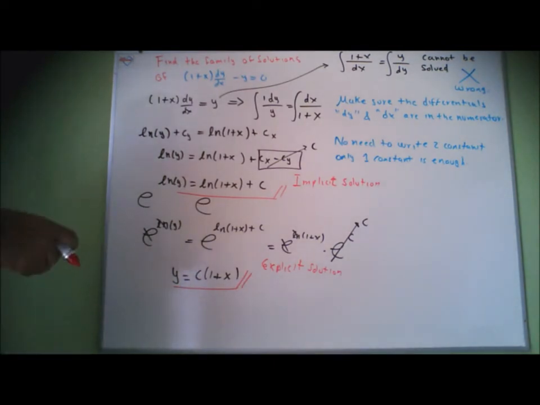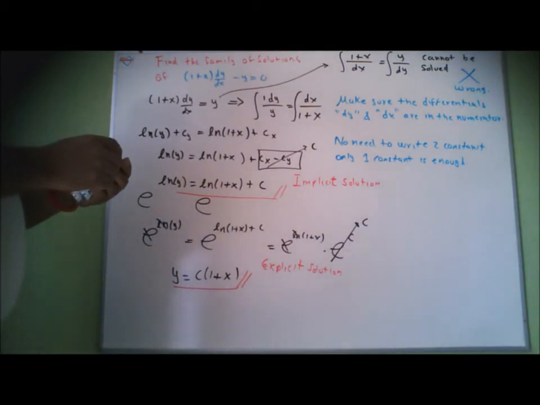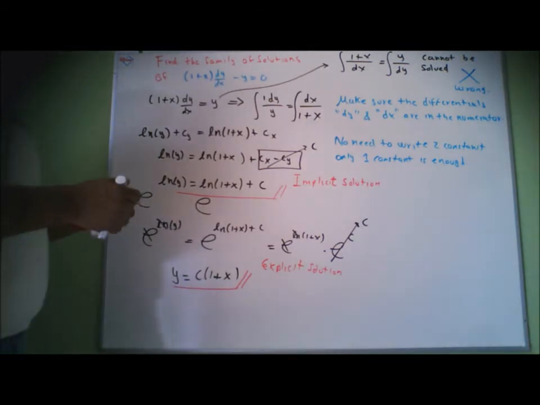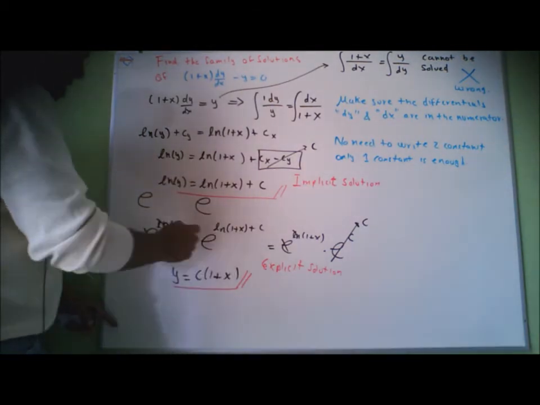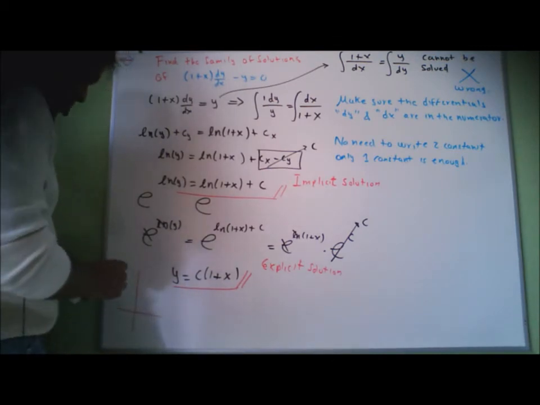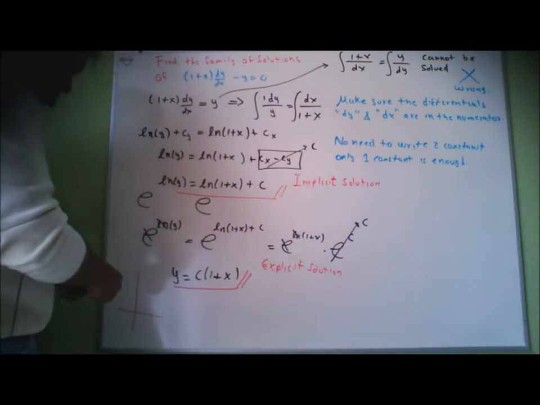Alright, now, because this problem doesn't give you an initial condition, then that's it, you finish. But what if they provide you with an initial condition? Let's say that you are given an initial condition. And remember, the concept of the initial condition is that this is the family of solutions, so that means that you have a lot of solutions.